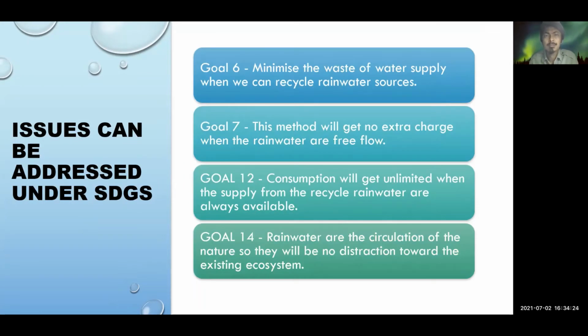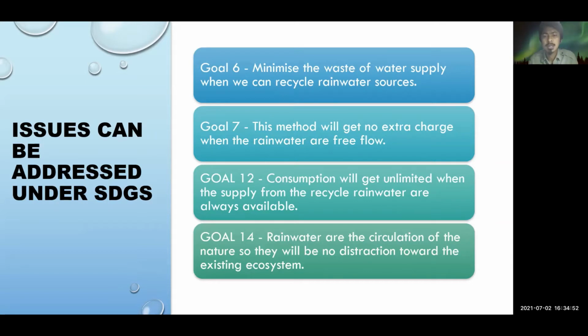So from that, we can address these issues under the SDG goals. For goal number 6, by implementing the rainwater harvesting project, we can minimize the waste of water supply when we use recycled rainwater as a source for the public.